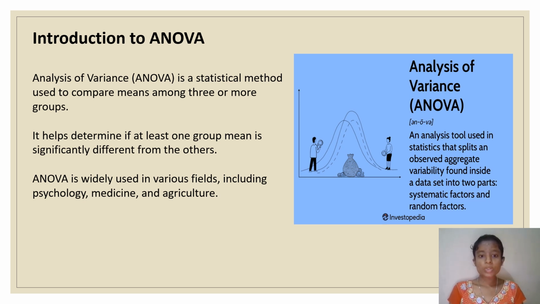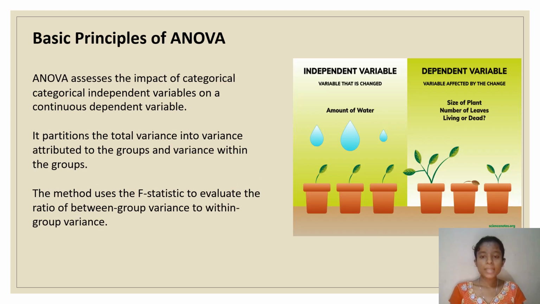ANOVA is widely used in various fields including psychology, medicine, and agriculture. Basic principles of ANOVA: independent variable and dependent variable. ANOVA assesses the impact of categorical independent variables on a continuous dependent variable.